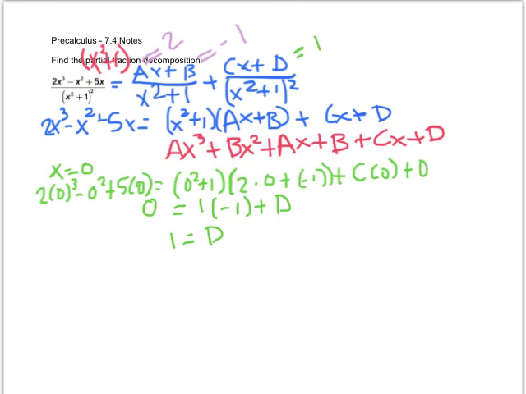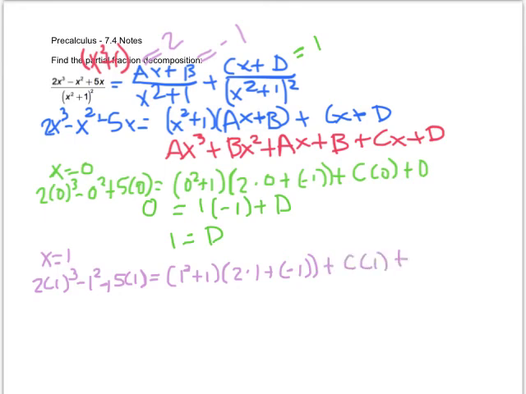And then to solve for that c, I can pick another value of x now, like say 1. So that's going to give me 2 times 1 cubed minus 1 squared plus 5 times 1, which is equal to 1 squared plus 1 times 2 times 1 plus -1 plus c, which we don't know, times 1 plus d, which we know is 1.